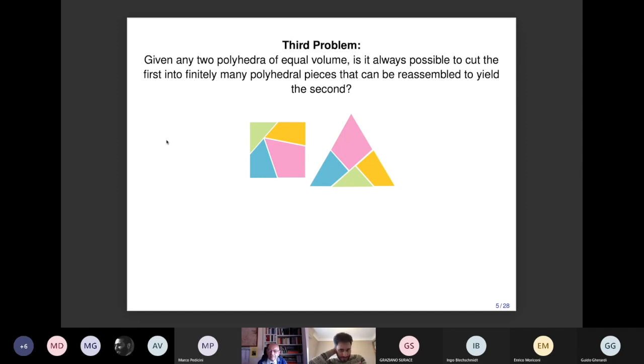And here the representation is just for a two-dimensional object because the slides are two-dimensional. This problem has been answered the same year. And the answer is essentially no: you cannot take a cube, cut it with a knife and build a pyramid with the same pieces.